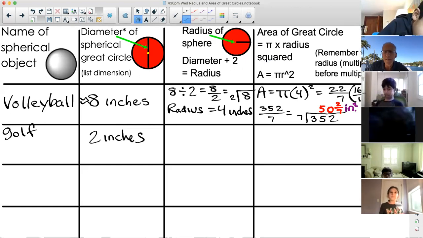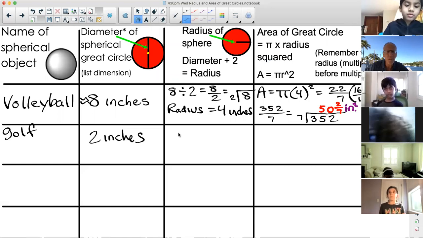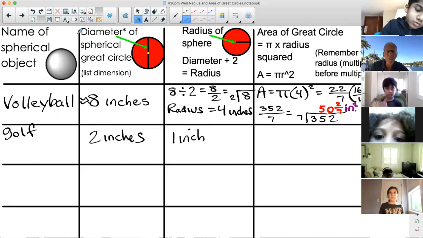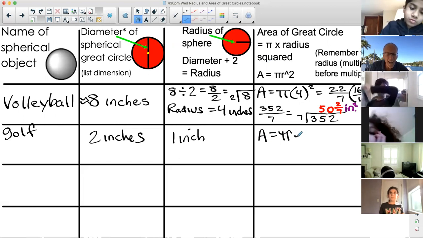Now, who can tell me the radius of the golf ball? On 3. 1, 2, 3, go. 1. Approximately 1 inch. Now, all we have to do is take the area equals pi times the radius squared.